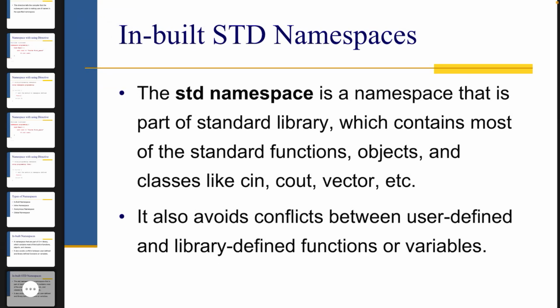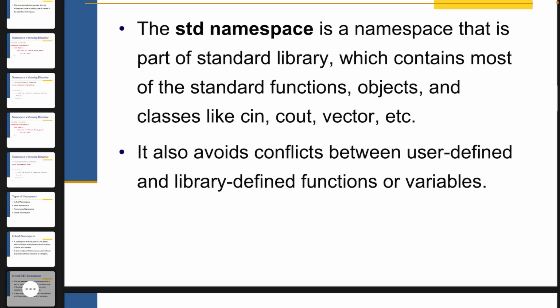So the inbuilt std namespace is a namespace that is part of the standard library, which contains most of the standard functions, objects, and classes like cin, cout, vectors, as I mentioned earlier, etc. It also avoids conflict between user defined and library defined functions or variables.